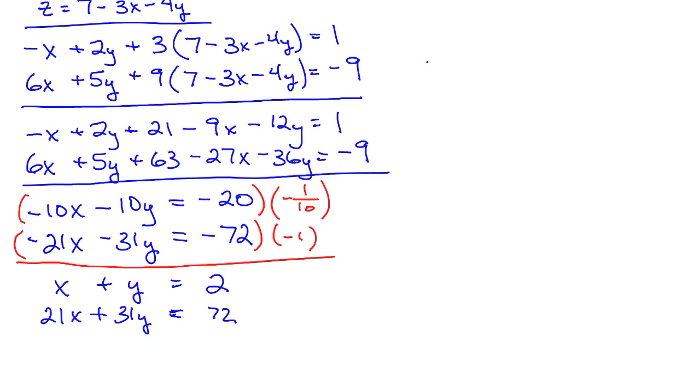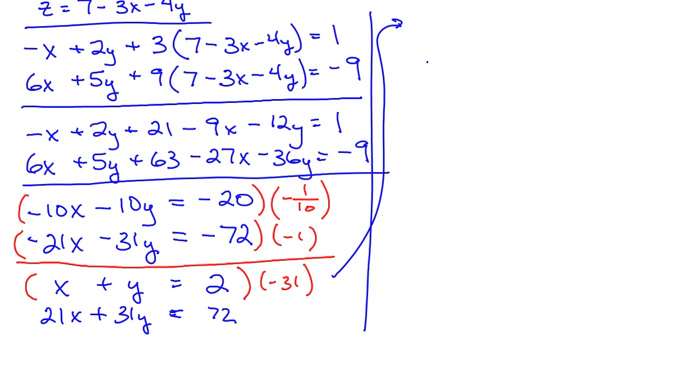Okay. Now let's do some addition and elimination. So what could I multiply this equation by to get rid of the y's? I'm going to multiply it by negative 31. So this now becomes negative 31x minus 31y is equal to negative 62.